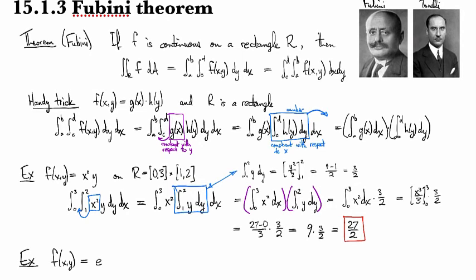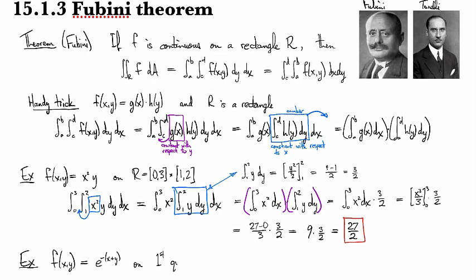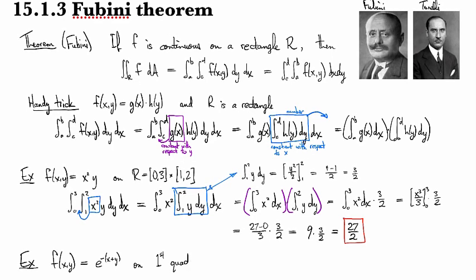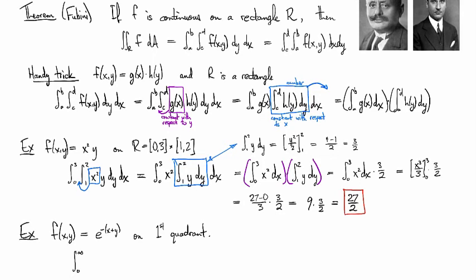to show you that this works on infinite rectangles. So the first quadrant actually can be written as a rectangle. It's just an infinite one. So it looks like this.